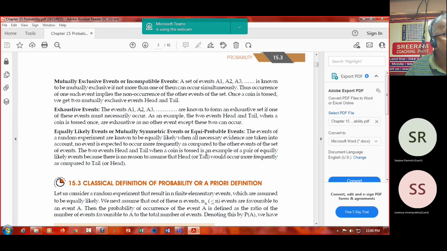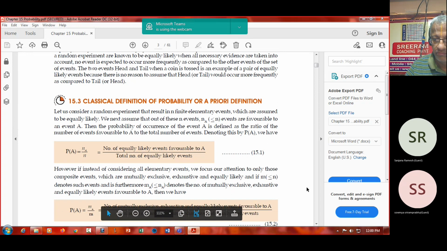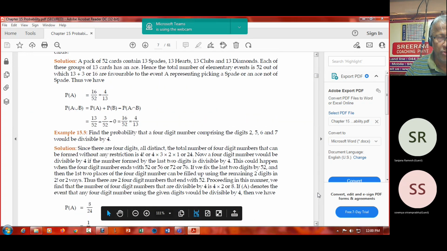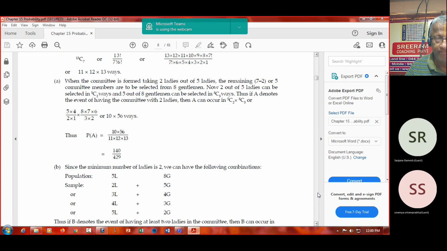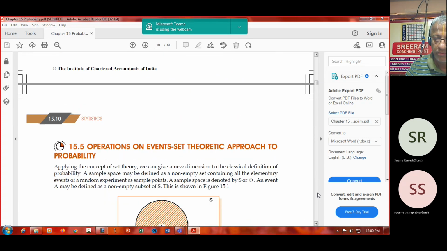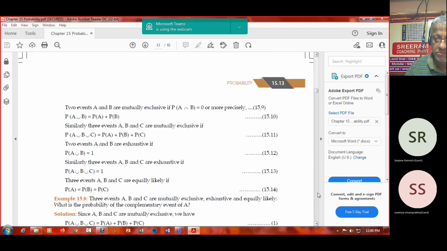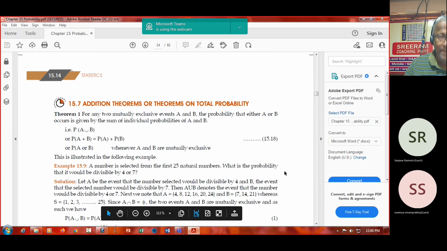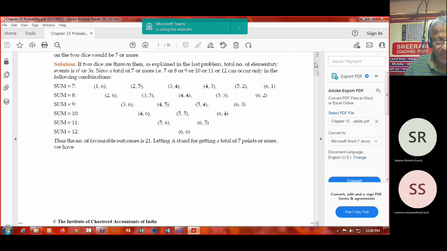15 point, Bayes theorem or theorems of total probability, 15.14. And the total probability, the Bayes theorem. It is right on the first page.